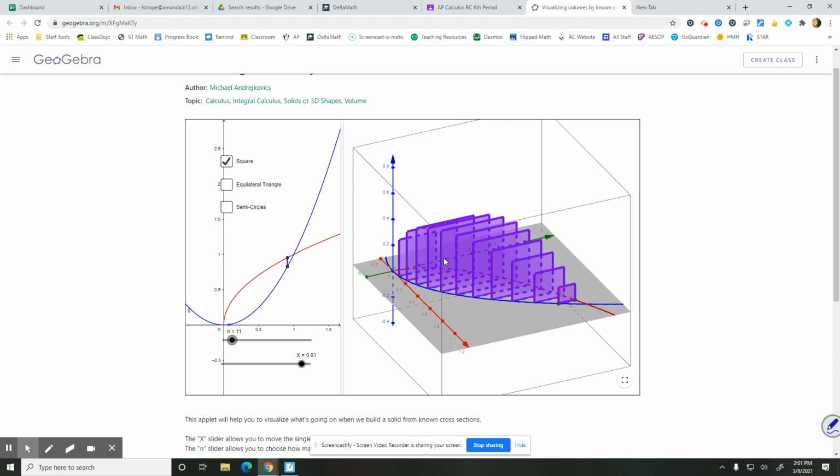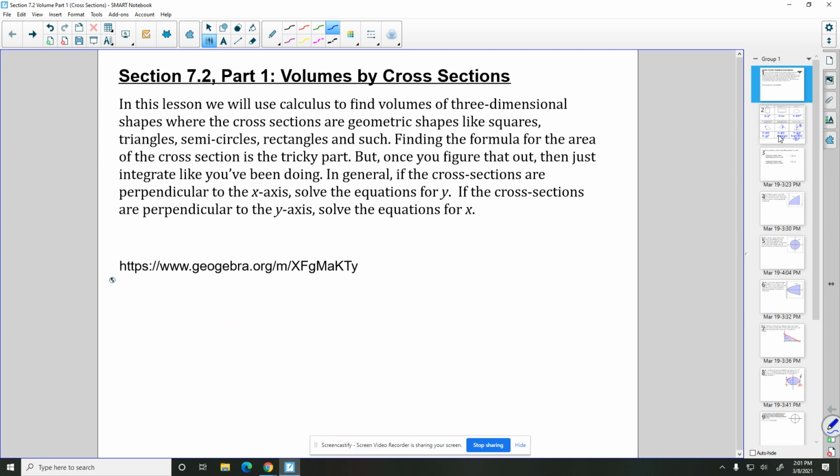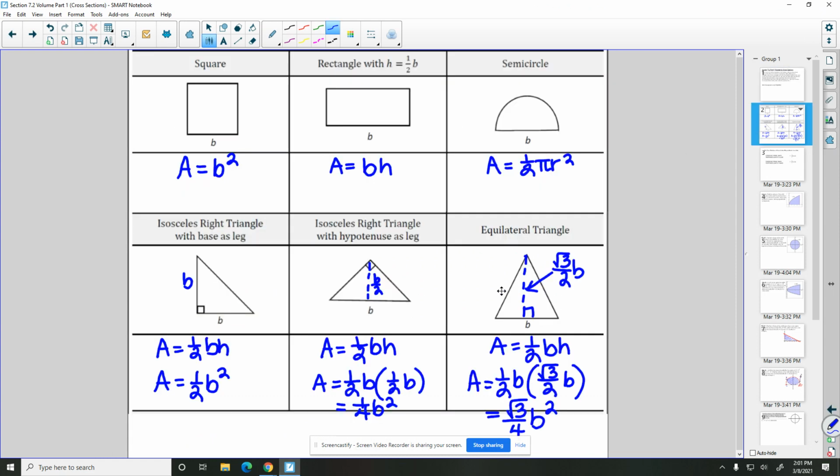Because an integral is an accumulation function, meaning that the action of applying an integral will add all these things up for you. So you would do the area of one square as a formula, and you would do the antiderivative to add them all up. Let's take a look at an example.